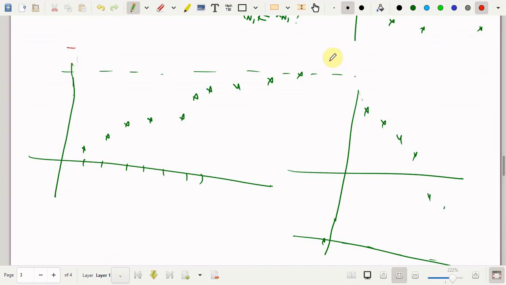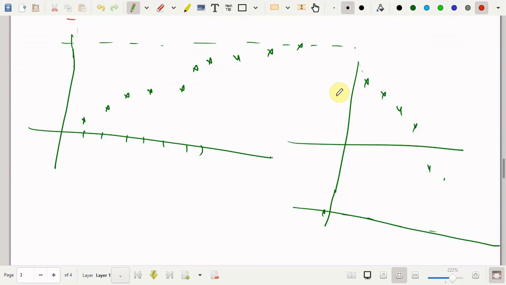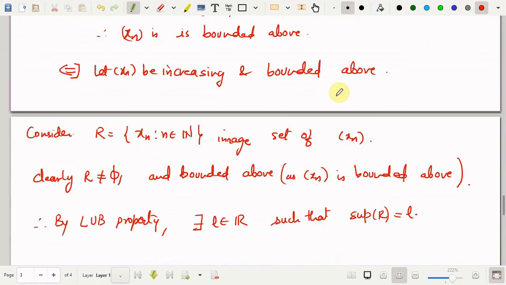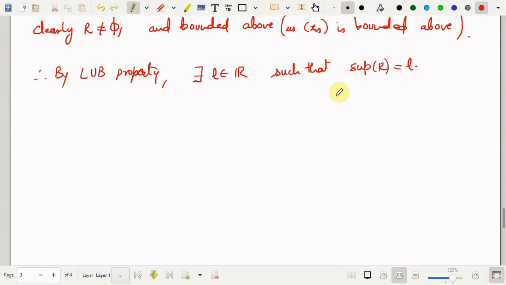So there will be infinitely many upper bounds, but at a certain fixed stage this sequence has to get accumulated, and that's nothing but the least upper bound, and after that stage the sequence will stop crossing, so that acts as the boundary for the sequence. So therefore we claim that this is the required limit of the given sequence.